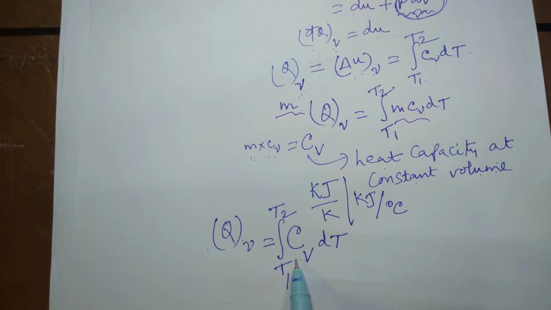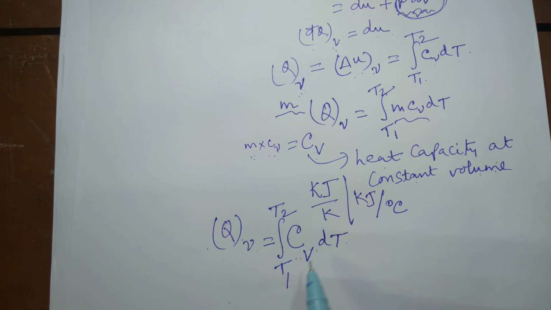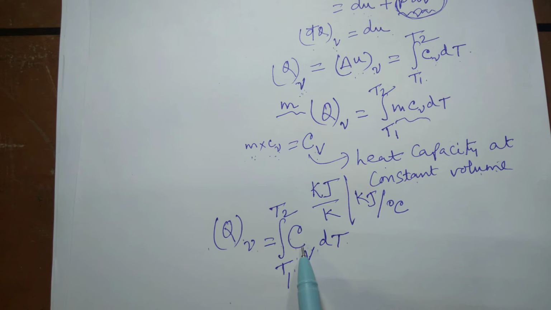During the constant volume process, it is the integral of capital Cv dT, with the integration limit from temperature T1 to T2, where capital Cv denotes the product of mass and specific heat at constant volume, small cv, and this is the heat capacity at constant volume.